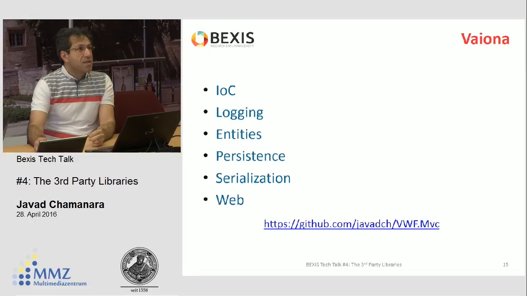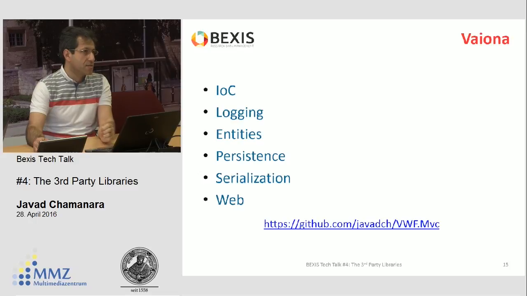So most of these libraries are somehow put into a bigger, higher-level library. We call it Vaiona, which provides the user API to IOC, to logging, to entities, to persistence, to serialization, and also some utilities for web access.